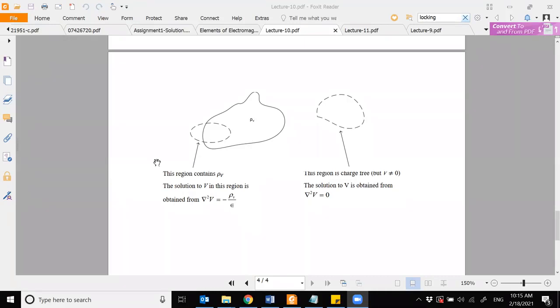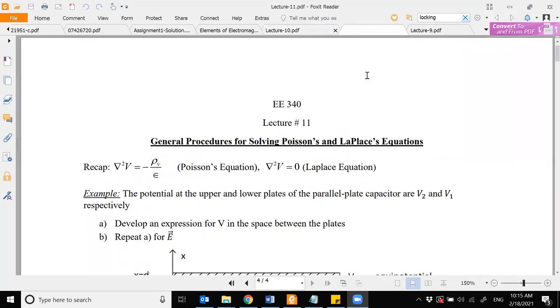We don't go for Poisson's equation, because it results in complex differential equations that we need to solve, and this is mostly for graduate level students. So we are only looking at this. And the good thing is our capacitors satisfy this condition. See here.